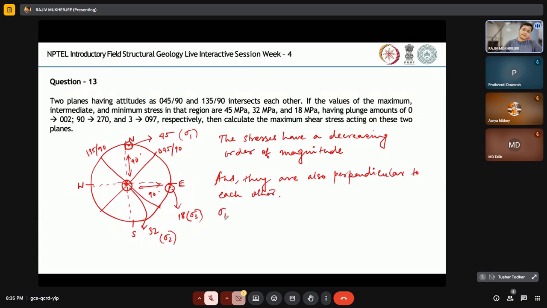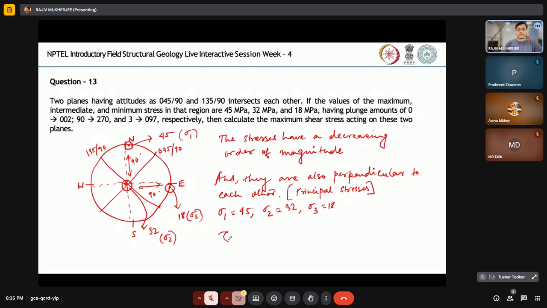That means sigma 1 is 45, sigma 2 is 32, and sigma 3 is 18. So these are principal stresses. We can identify that.